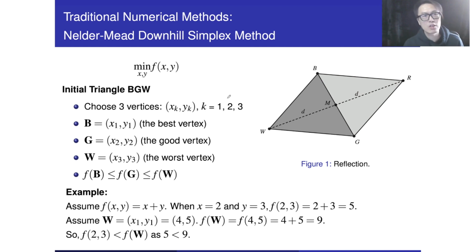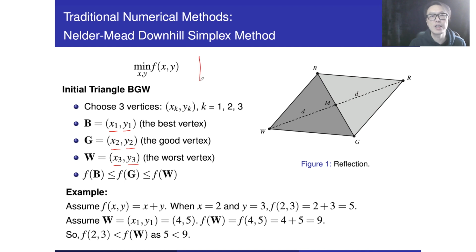Okay, take a look at this figure, and this slide just shows the first step. In order to implement this algorithm, first we need to create a triangle. A triangle, that is, we are given 3 points: x1, y1, the first point, x2, y2, x3, y3.